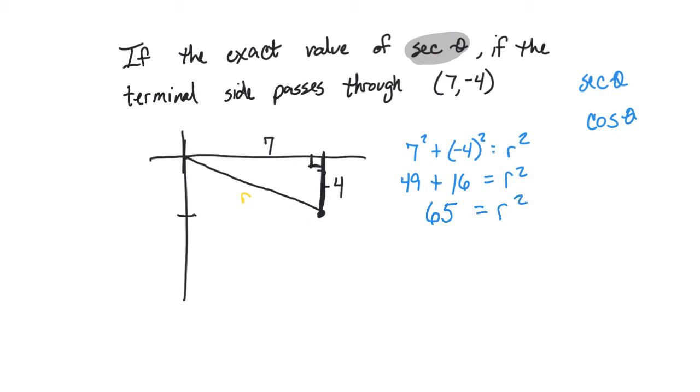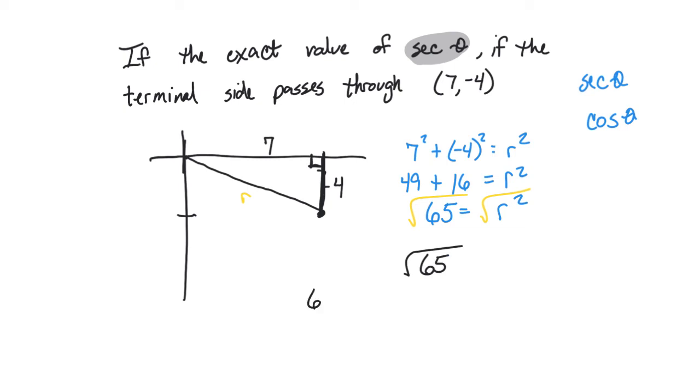And remember, in order to get the radius by itself, the way we get rid of a square is with a square root. So we will be square rooting this. And again, it is the plus or minus square root of 65, but we're dealing with a distance here. This is a hypotenuse, so this would not be the negative version. It would only be the positive. So my hypotenuse would be the square root of 65.